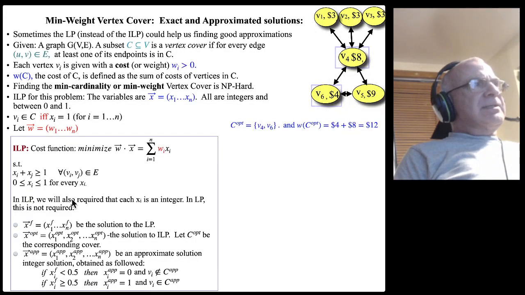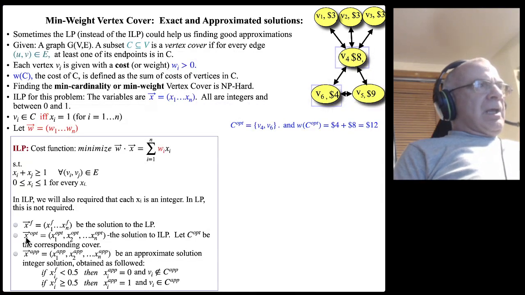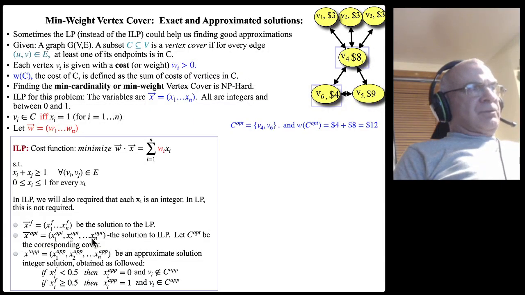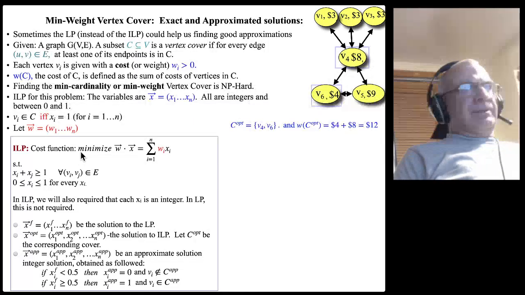This is just a solution that I am obtaining for the linear programming, not the integer linear programming, for the linear programming.